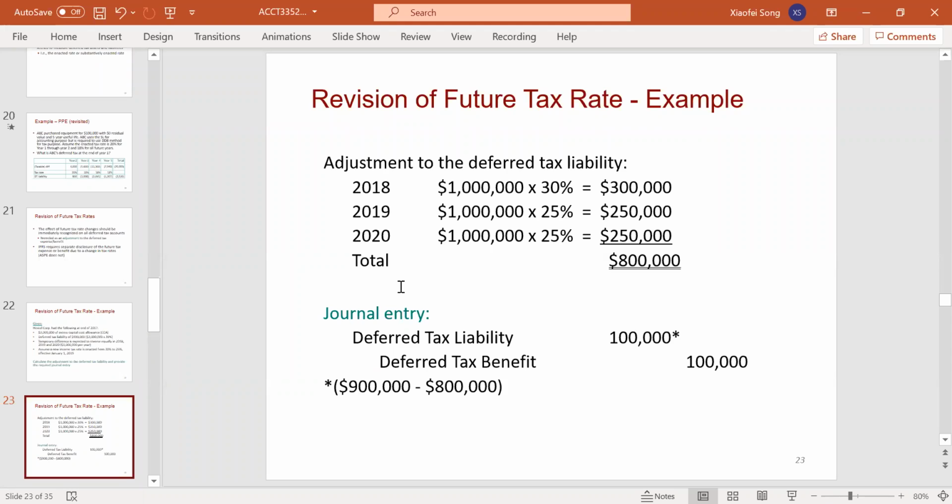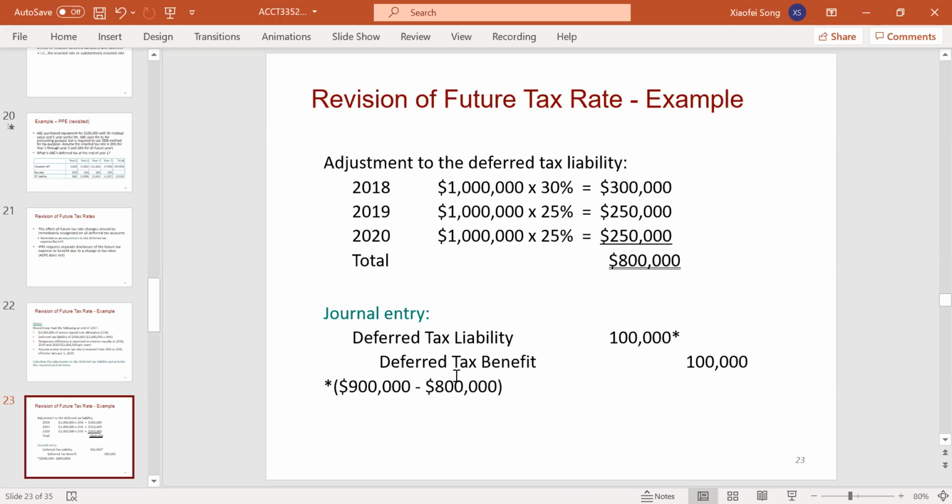So with that, the total deferred tax liability is now 800,000. Remember, before it was 900,000, right? So you need to make adjustments. You would reduce deferred tax liability from 900,000 to 800,000 and credit deferred tax benefit. It's deferred tax benefit because it is a credit. Okay, it's deferred tax liability because it's credit.